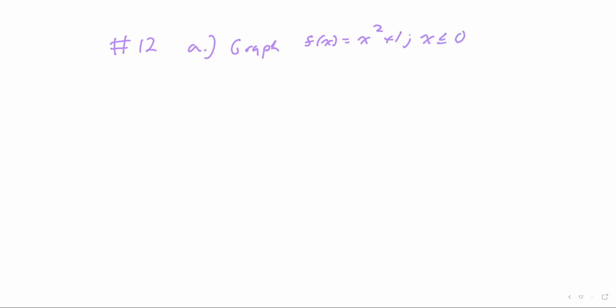What kind of function is this? It's a quadratic, which makes a parabola, which we know is not 1-to-1. But then it gives us a restriction and says x less than or equal to 0.